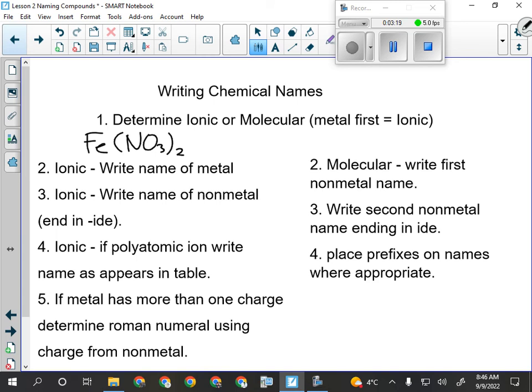I've already done the nitrate part, but iron also has more than one possible charge and requires a Roman numeral. In that case, nitrate is a -1, and there are 2 nitrates, so I've got 2 negatives in total, so this must be the iron with the 2+, and then I put the right Roman numeral. So those are the rules if we know it's ionic.